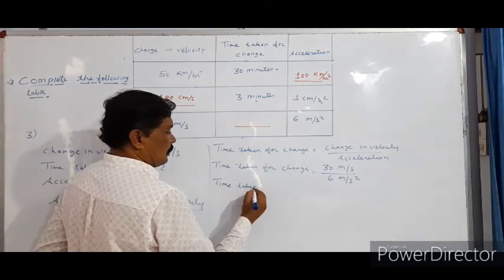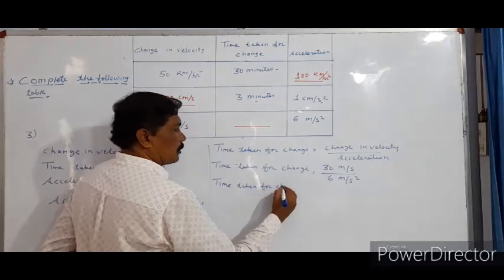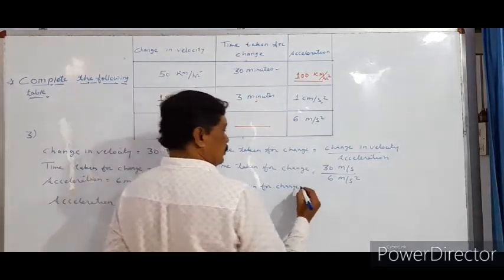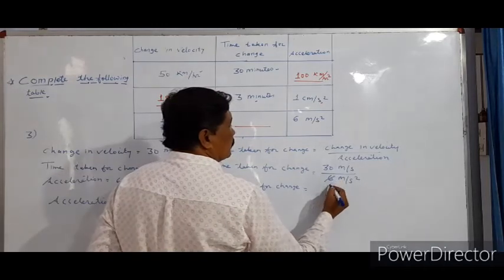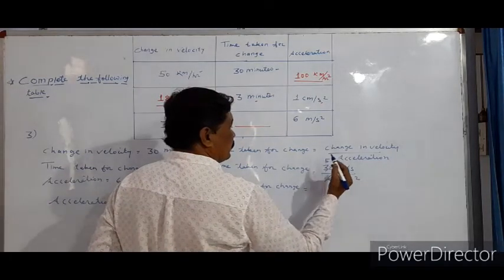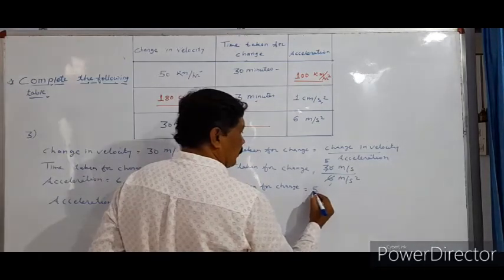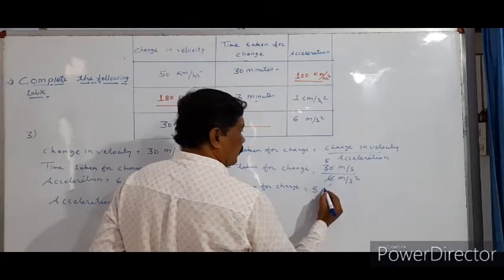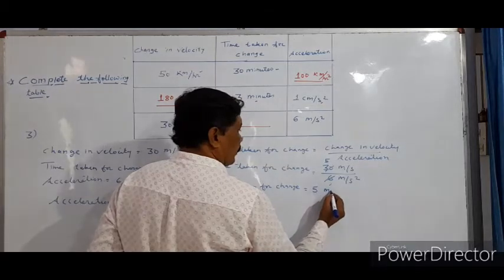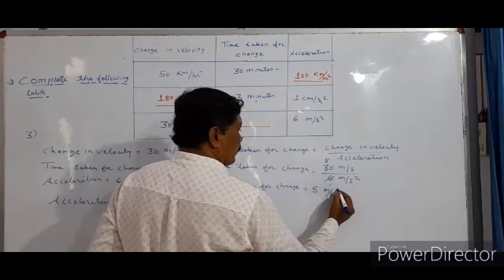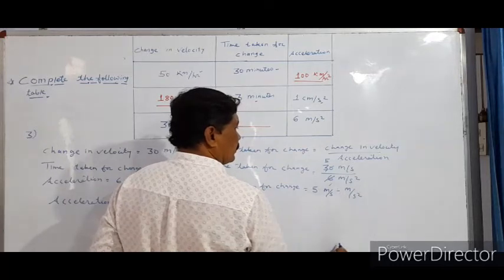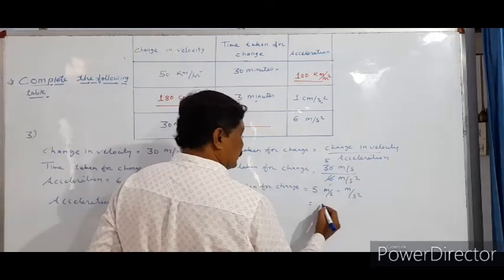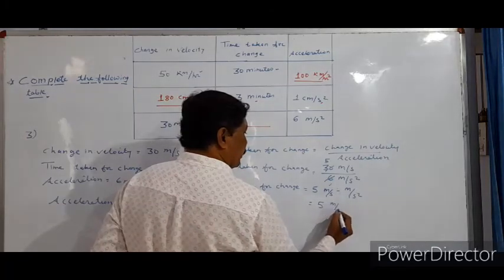Time taken for change is equal to 30 upon 6, that is 5, meter per second divided by meter per second square, which is equal to 5 meter per second.